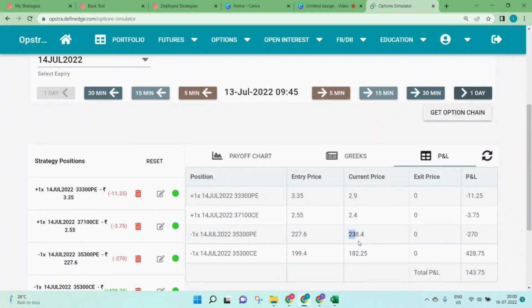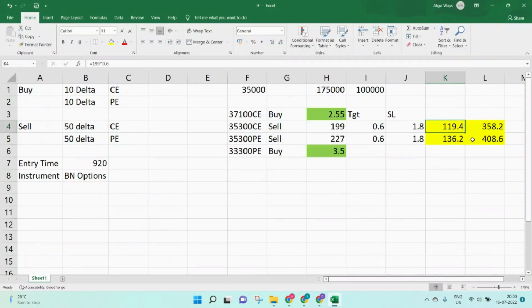We have to keep watch on these two levels, the sell legs CMP right now. You can see that PE is going up and CE has come a little bit down. So on downside, CE has to be exited at 119. On high side, the PE has to be exited at 408.